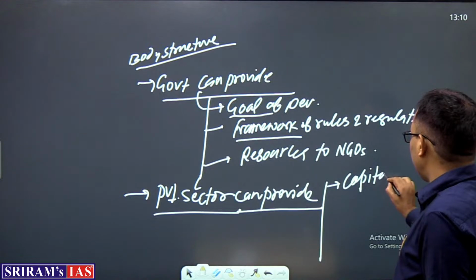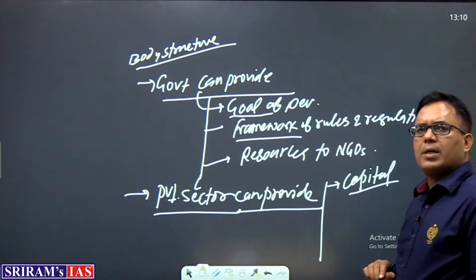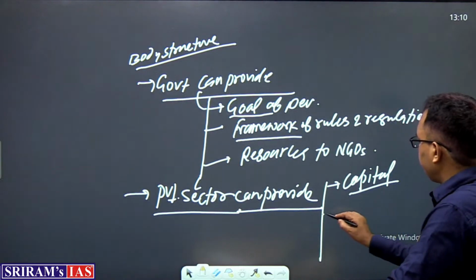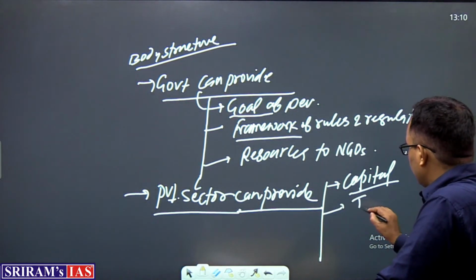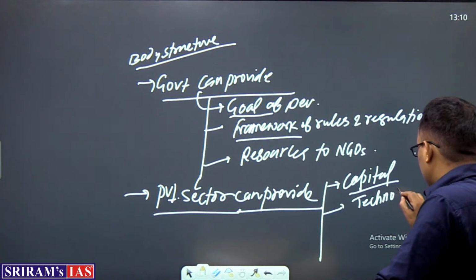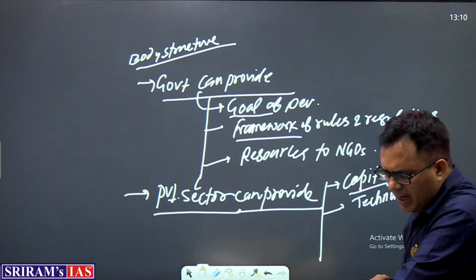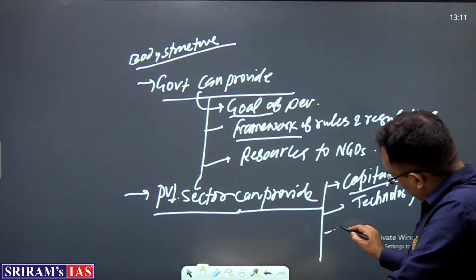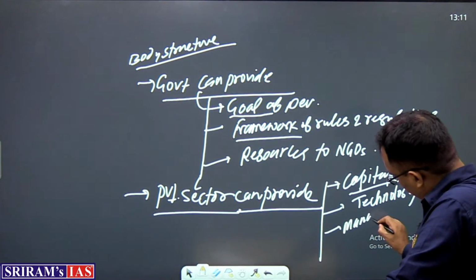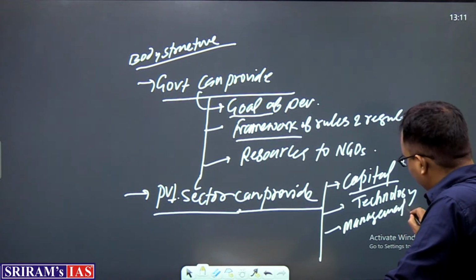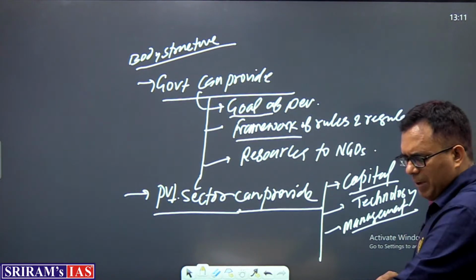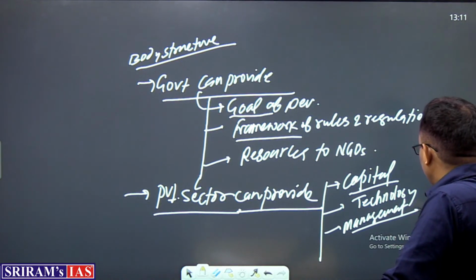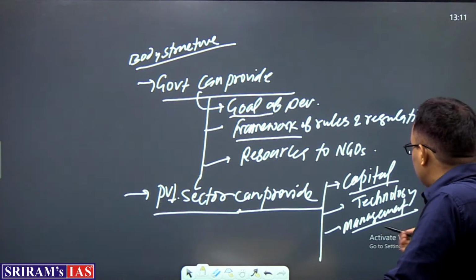They also have capital, private sector investment. Private sector can also provide technology, because sometimes they have more technological expertise. And third, consider management. The private sector is very important and provides effective management, we can say.